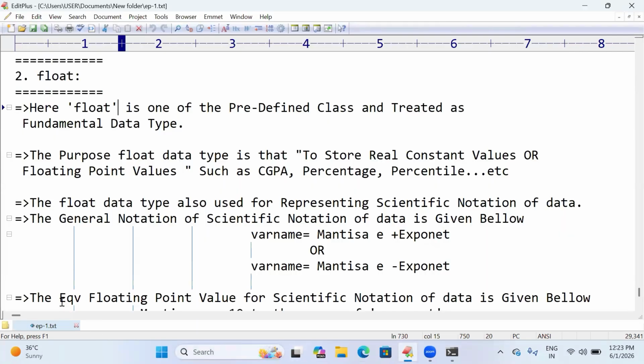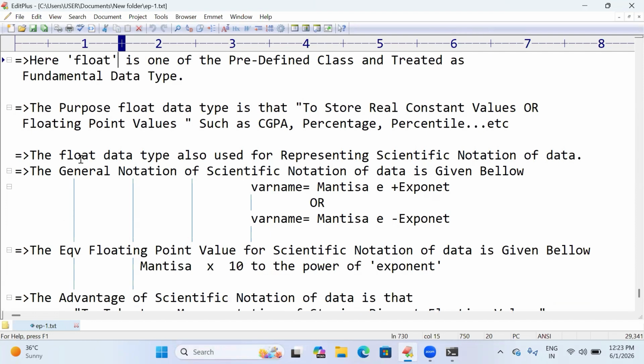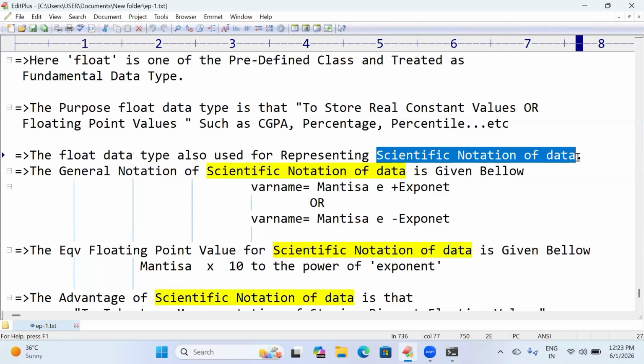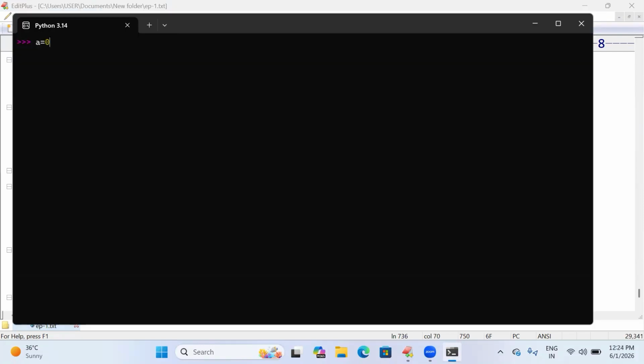The float data type is also used to represent scientific notation of data. Let us consider that the value of A is this much big. Python will store this large data in the form of scientific notation.